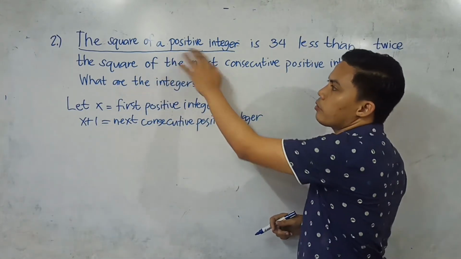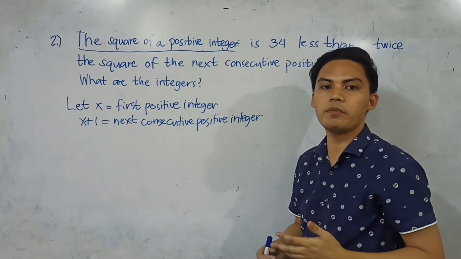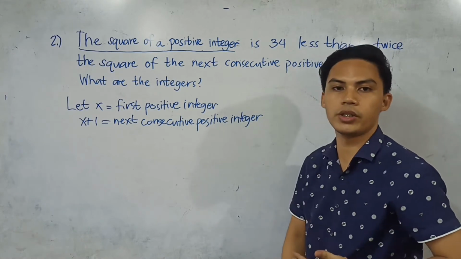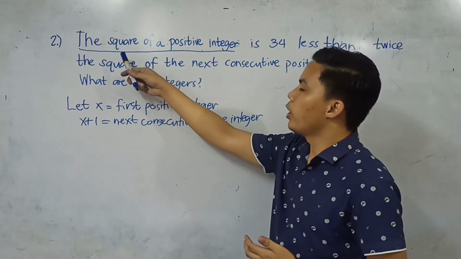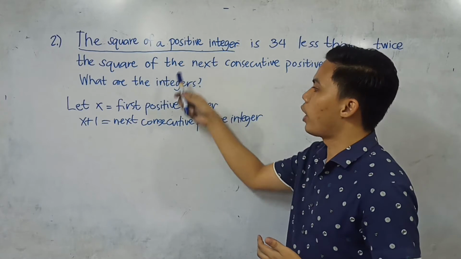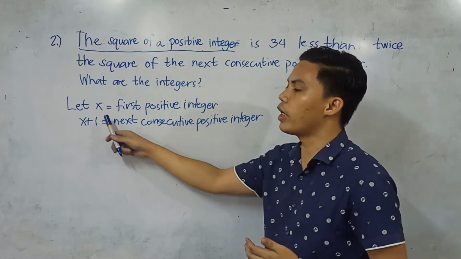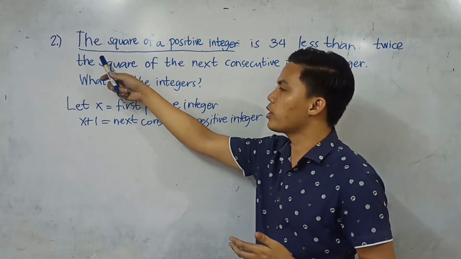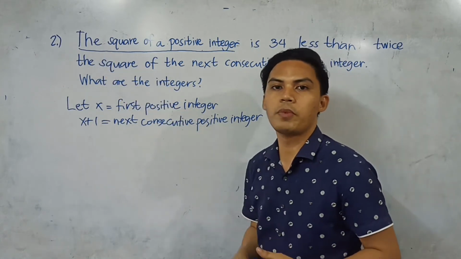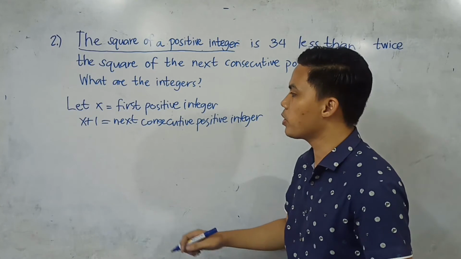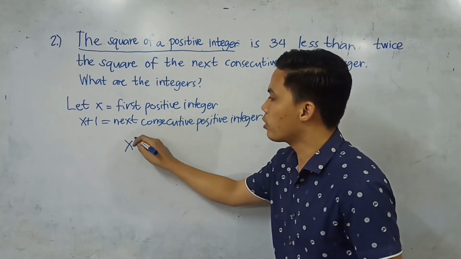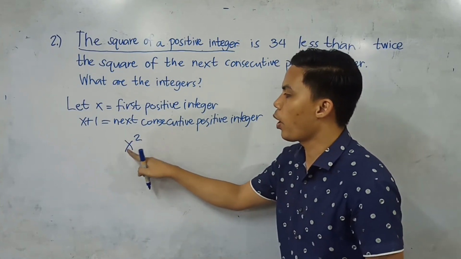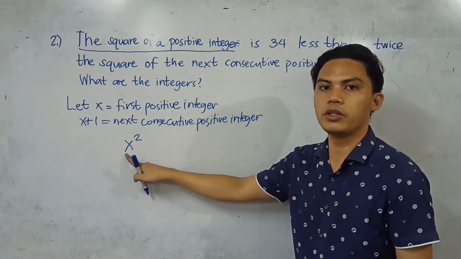So, in this phrase, yung dinidescribe niya is yung first na positive integer. Tama? Okay, sabi dito, the square of a positive integer. Alam natin na yung positive integer natin is x. So, since we're going to square it, kasi nga nakalagay dito the square of a positive integer. So, as a representation, we will have x squared or the square of the first positive integer.